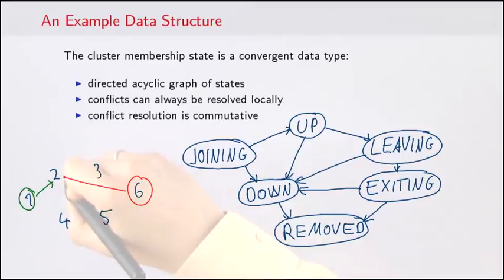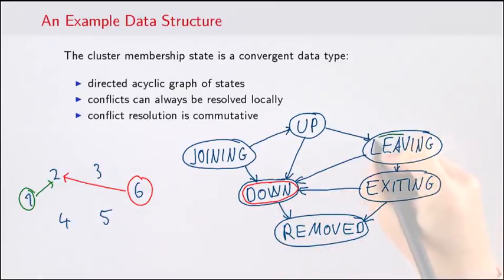And let's say node 2 learned the green thing first, and then the red thing. These are 2 new pieces of information about node 4, which need to be merged. Let us say that the red information was that it was down, and the green one was that it was leaving.